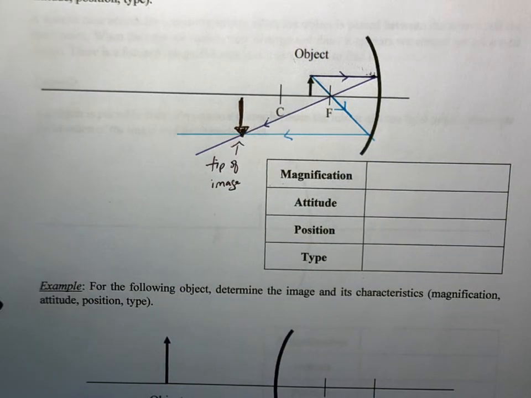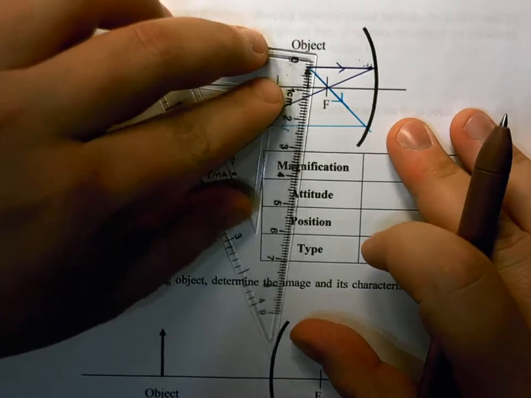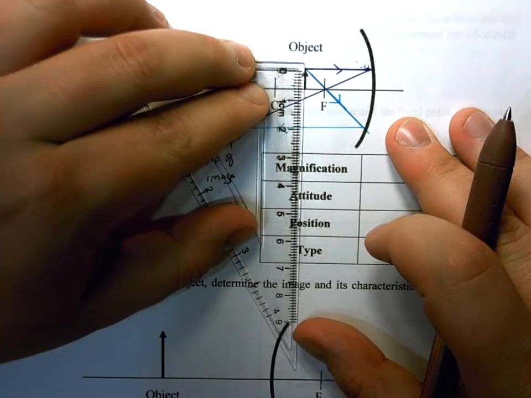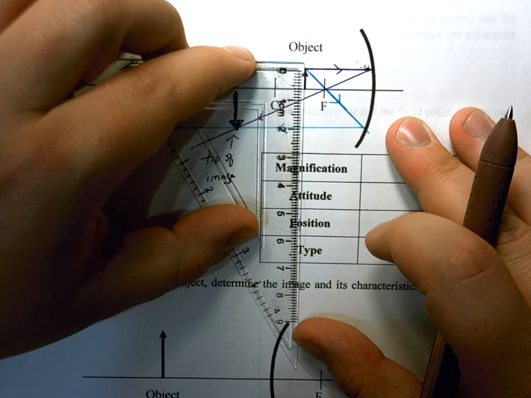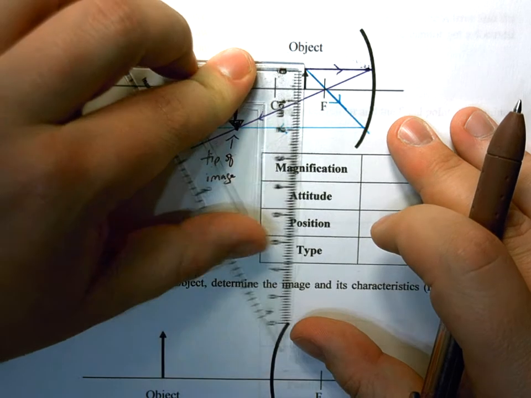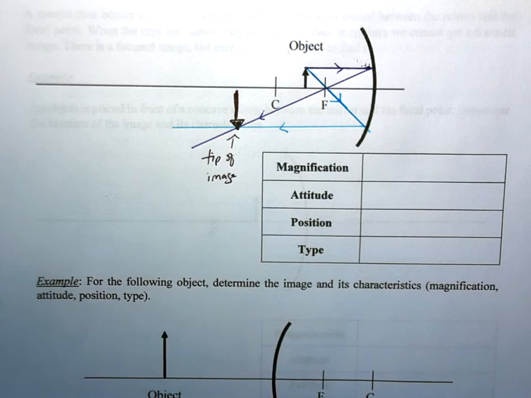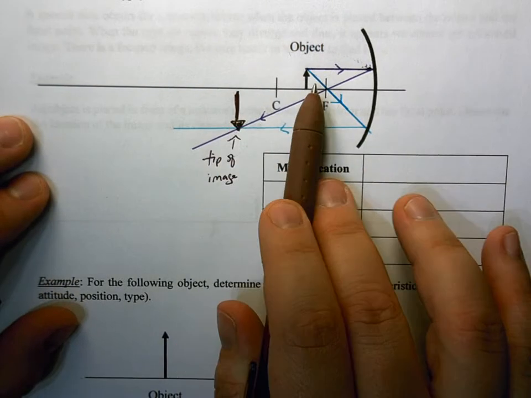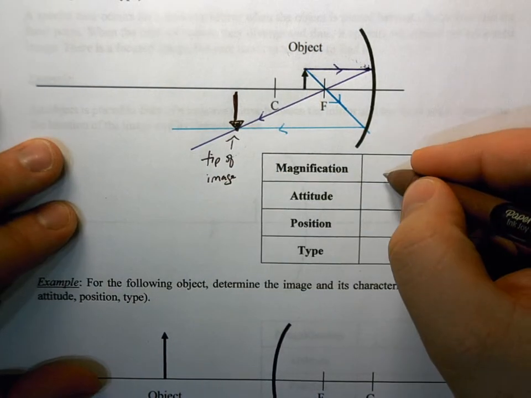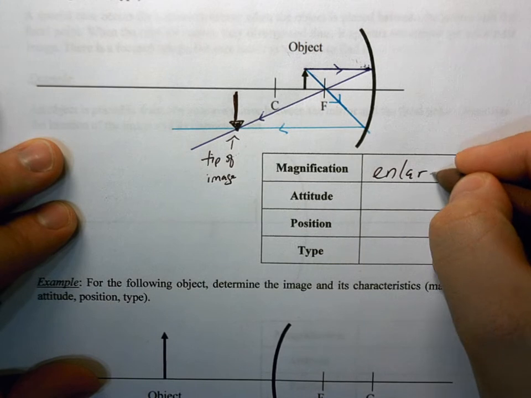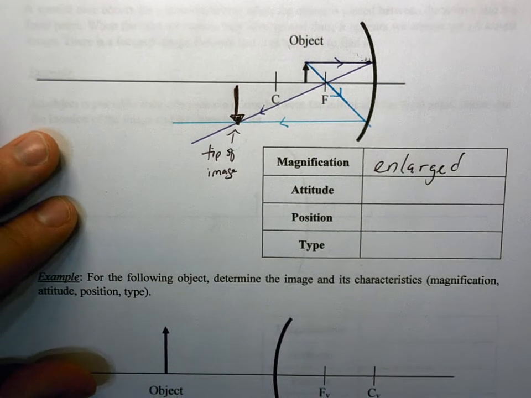Now, most times you'll be able to eyeball this. If you can't eyeball it, you can take a ruler. So if I look at this object, it's got a height of about 0.6 centimeters. But if I take the height of this thing, it's almost 1.5 centimeters. So my image is bigger than my object. So we're going to say that for the magnification, it's enlarged. If you want to say bigger, that's fine too.